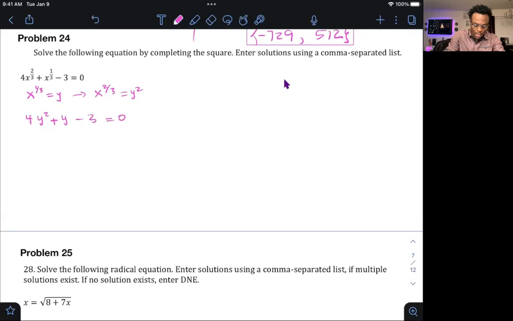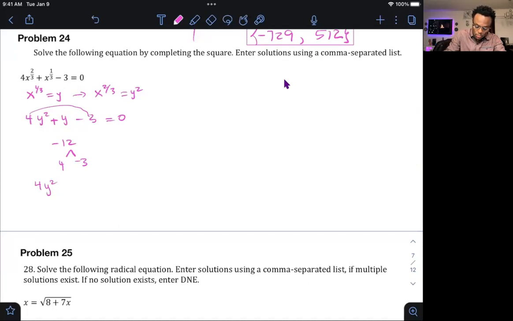So we can multiply 4 and -3. That is -12. We need two factors of -12 that add up to the coefficient of y, which is positive 1. So that's 4 times -3. We're going to write this equation as a 4-term expression on the left side, so we can factor by grouping, right?